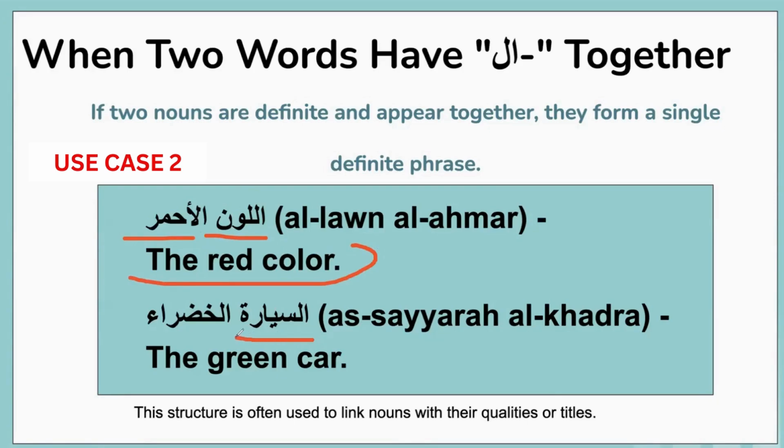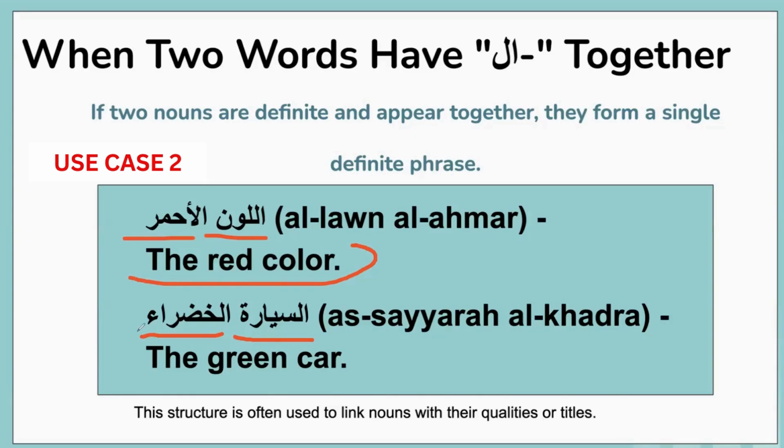Likewise, as-sayyara al-khadra. Why do we say khadra here? No, that's khudrawat, it's vegetables. It's not that. Khadra means the feminine form of color green.